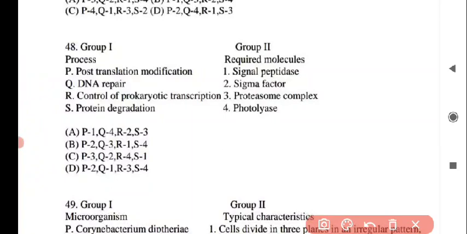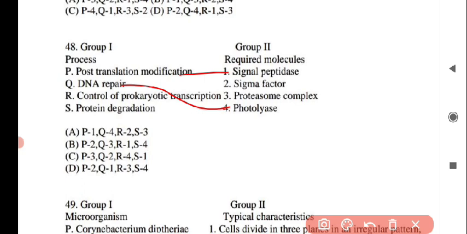Then coming to the next question. In this question, group 1 contains the process and group 2 contains the required molecules. For the first process, that is post-translation modification, the correct answer is option number 1, signal peptidase. For DNA repair, the correct answer is option number 4, that is photolyase.